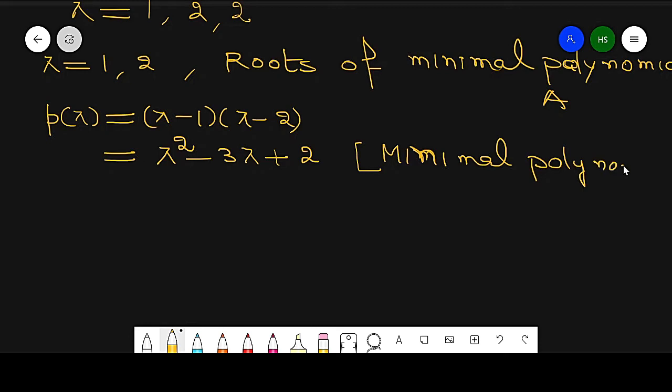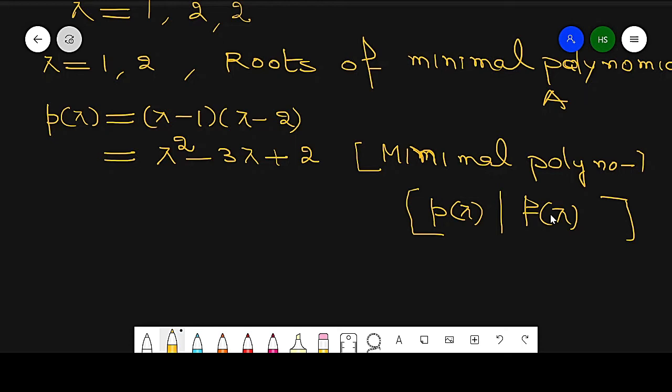Also remember that this polynomial divides the characteristic polynomial, so P of lambda is a divisor of f of lambda. So here we find the minimal polynomial of A.